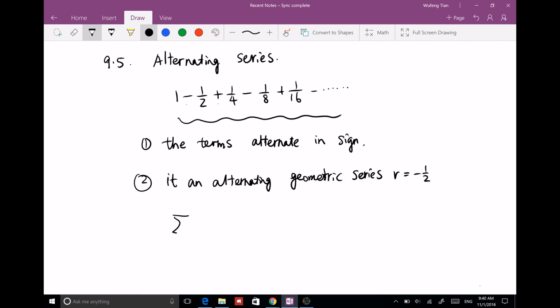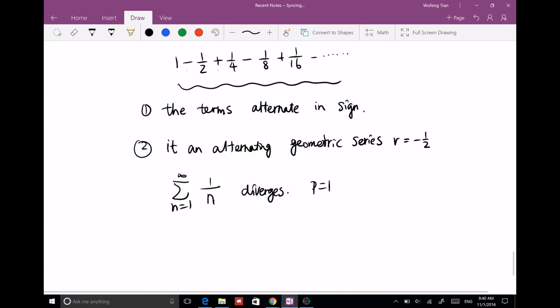So previously we got n from 1 to infinity, 1 over n. This one diverges because p equals 1. P series p equals 1, or with your integral test, you got this one diverges. Alright. Now, my question is, what about n from 1 to infinity, -1 to the power n, 1 over n? You can tell the difference, right?